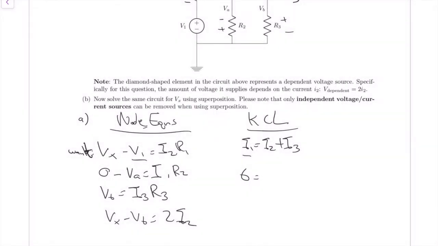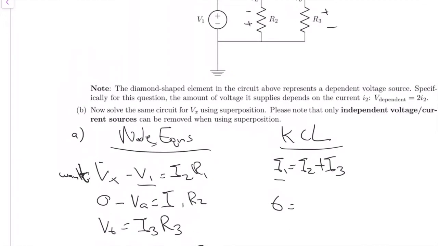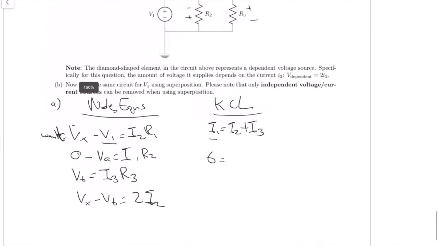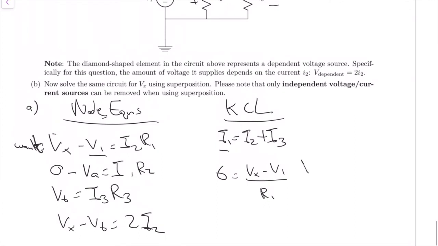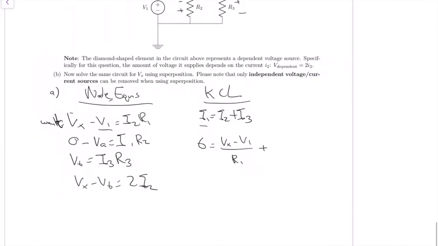So I2, we can choose to write it either way, either using the Vx minus Vb or the other one. Let's say we write it using the first form. Using the first form, we get I2 is equal to Vx minus V1 over R1. Okay, and then for the second one, for I3, we can get I3 is equal to VB over R3.